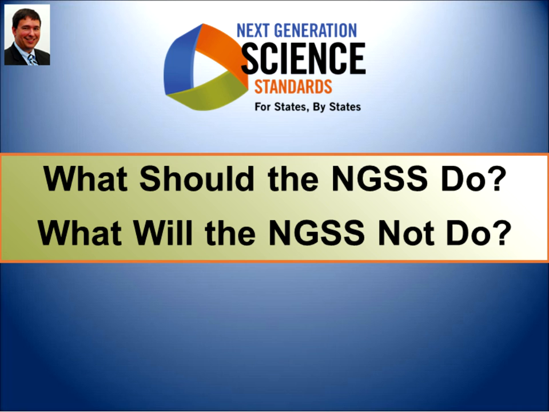They have a year of Earth, a year of Life, a year of Physical. We have a third of the states who do integrated science, and we have a third of the states that just let districts decide. So we had to write them as middle school standards. We have given in those model course maps different suggestions about how you could arrange those, but states will ultimately make that decision, or districts, if you're in a state where the state doesn't make that kind of decision.